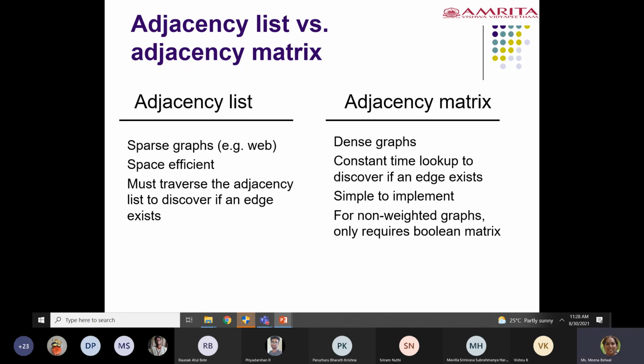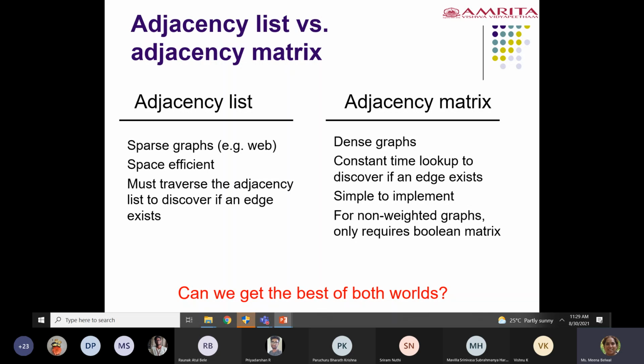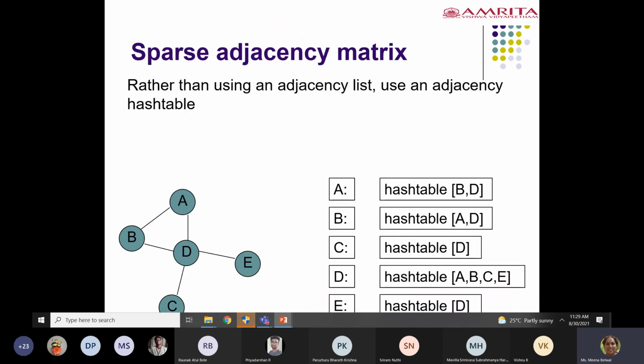Okay, and there is a best of both worlds also. Can we get the best of both? Yes, that is called a sparse adjacency matrix. This is adjacency list, adjacency matrix. The data structure is called a sparse adjacency matrix. What is it?